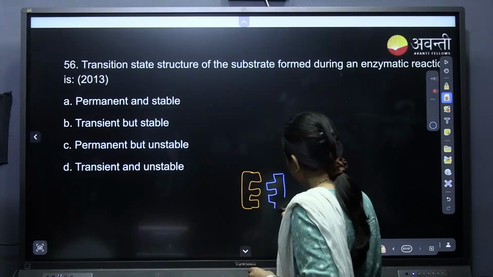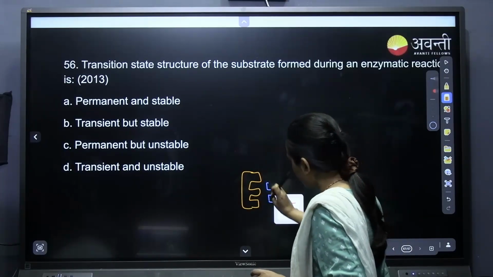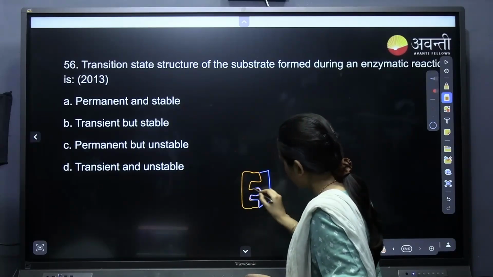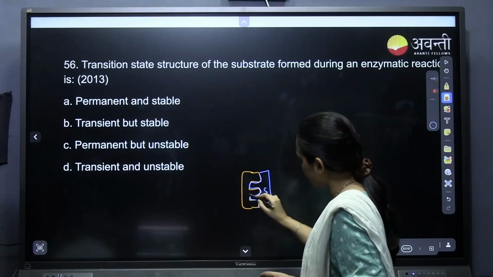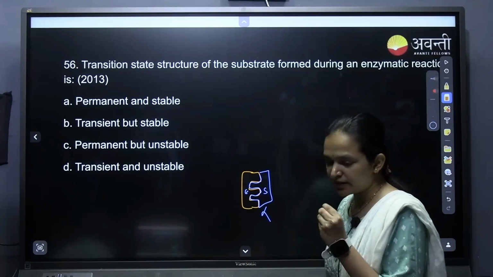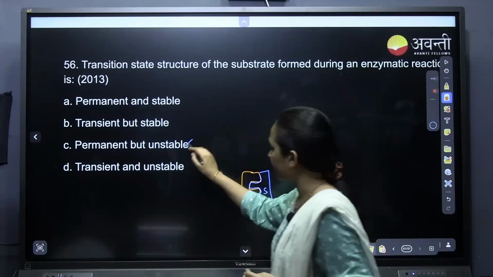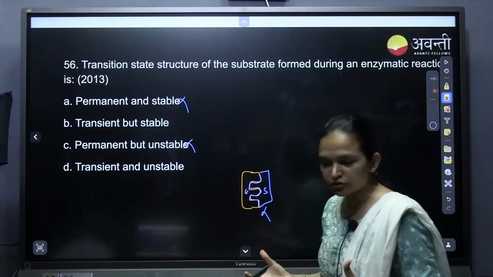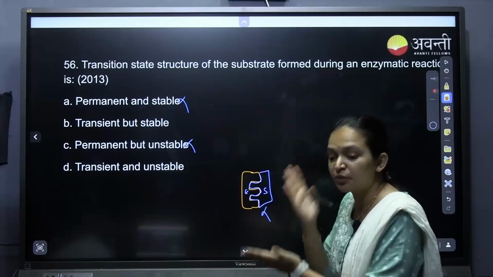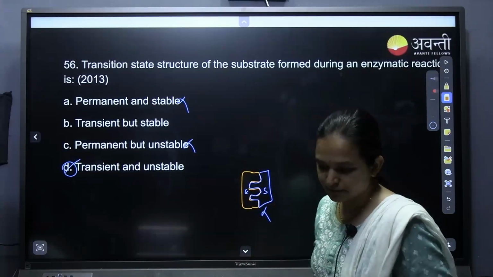If this is the enzyme substrate complex, with substrate and enzyme, it cannot be permanent. If it were permanent, would product formation take place? No. And if it is stable also, would product formation take place? The bond would be stable; it has to break the bond, so it should be unstable. So D for Delhi is the correct answer.